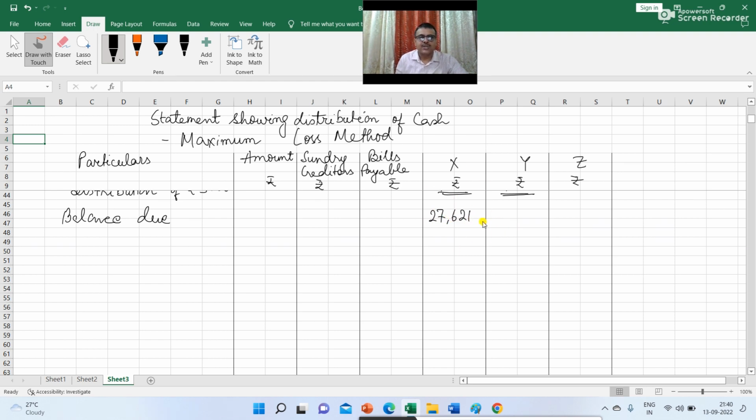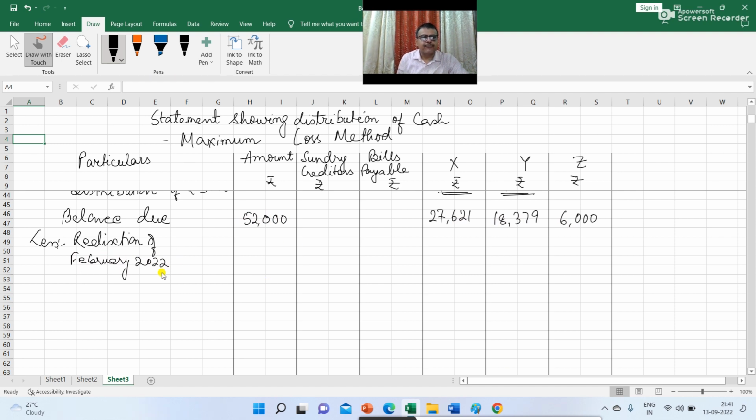This is the balance outstanding to X. 18,379 is the amount due to Y, and 6,000 is the amount due to Z. Now let's see the realization of February 2022. So total amount outstanding, you can add up these three figures, you will get 52,000.